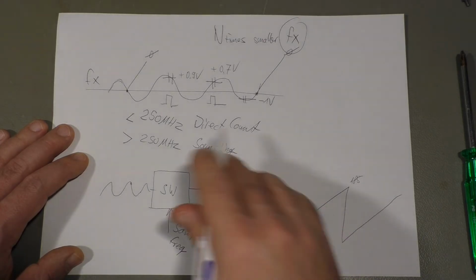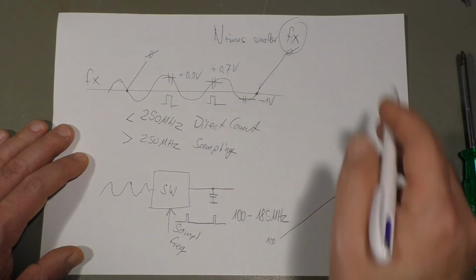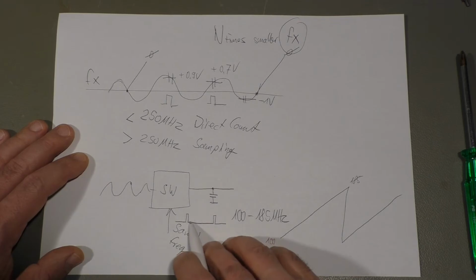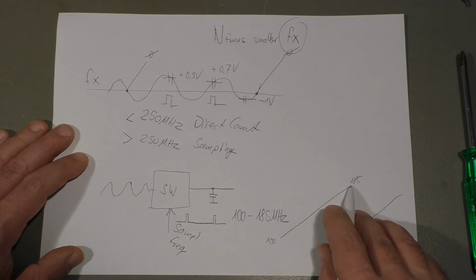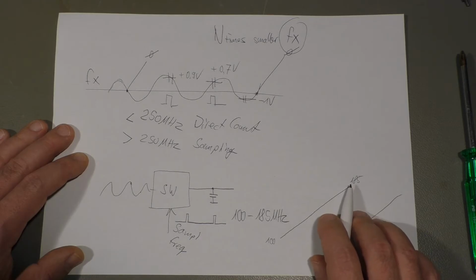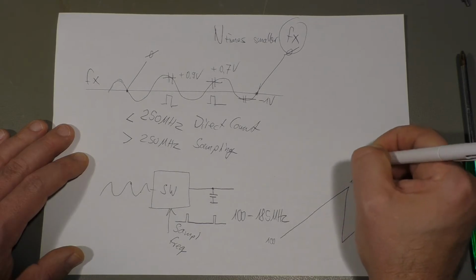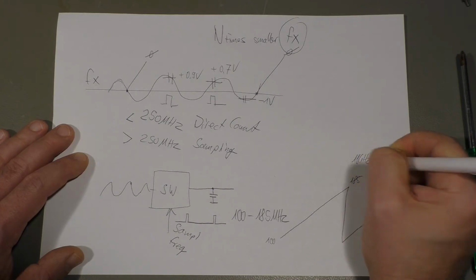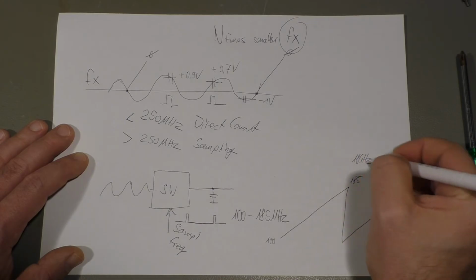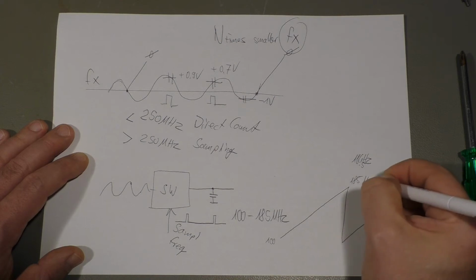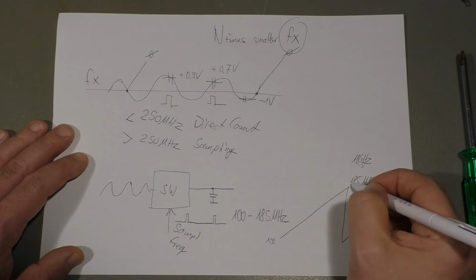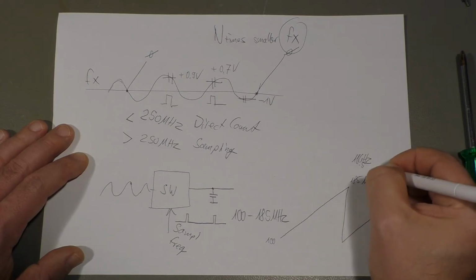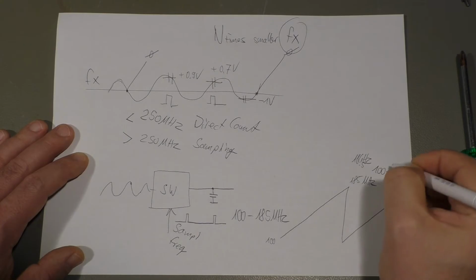So what happens? No matter what frequency you have, you ramp up the sampling frequency here from 100 to 185 megahertz, which would be at 18 gigahertz exactly, or 18.5 gigahertz. That's 100 times slower.